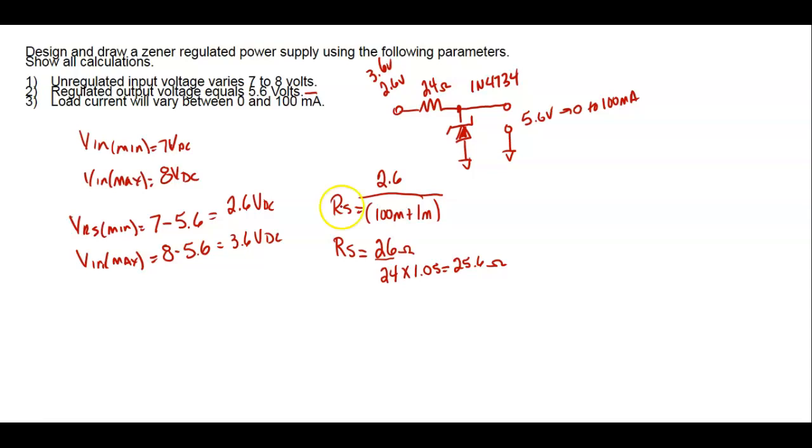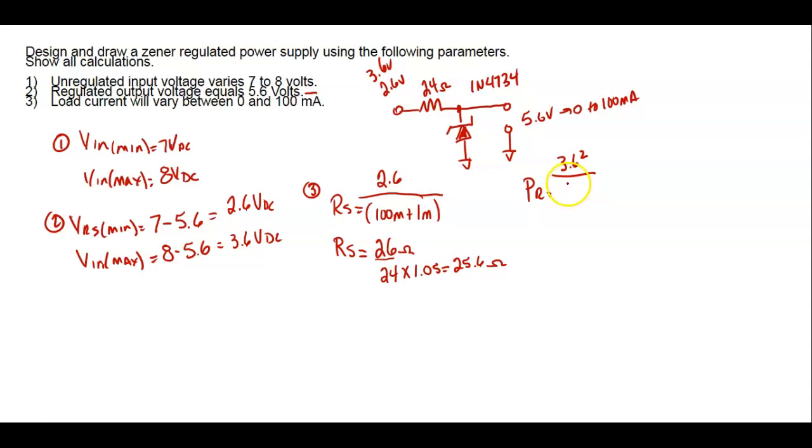Power. Good. So this is step 1, step 2, this would be step 3. My power across my resistor is going to be equal to what? V. What V are we going to use? The maximum it's going to drop, 3.6 squared, divided by the size of the resistor.